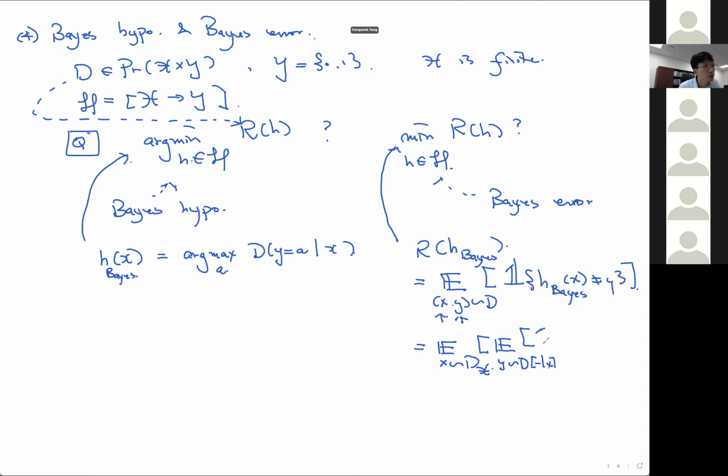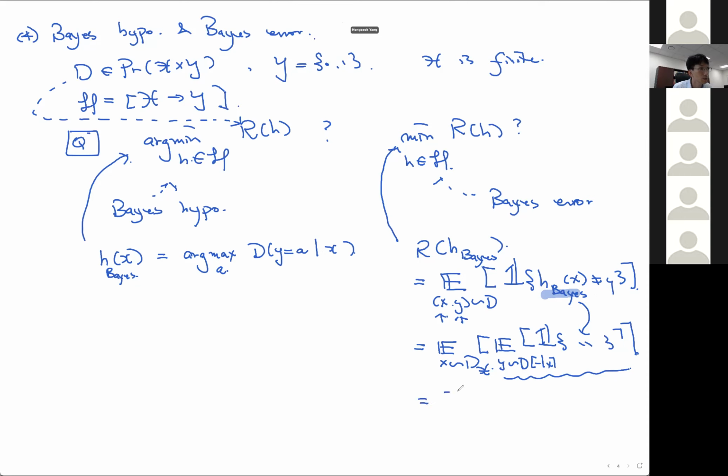Now we can ask, how can we minimize this term? There are two possibilities: Y is either 0 or 1, and we compute the average here. And h Bayes on X has to make a decision. So the best way to minimize this is to pick the one which has a higher conditional probability.